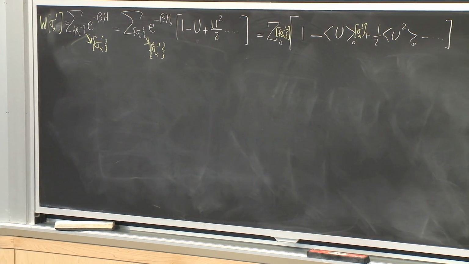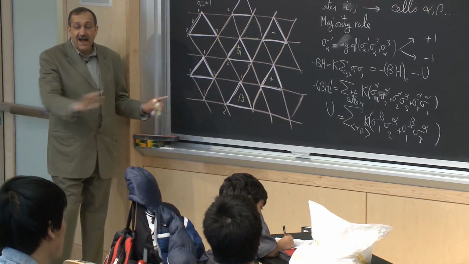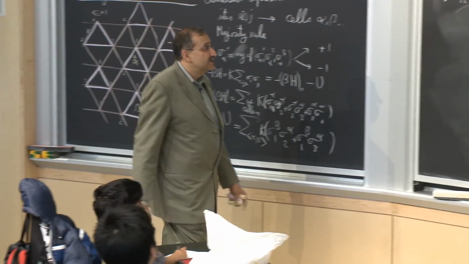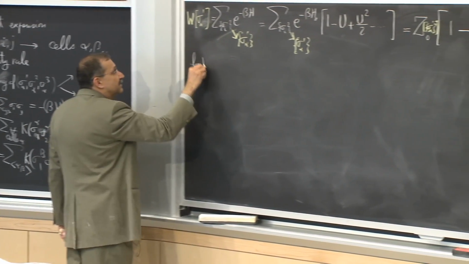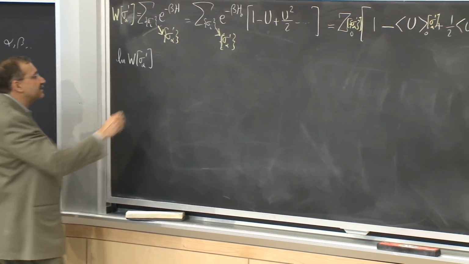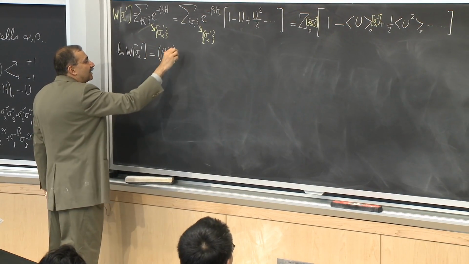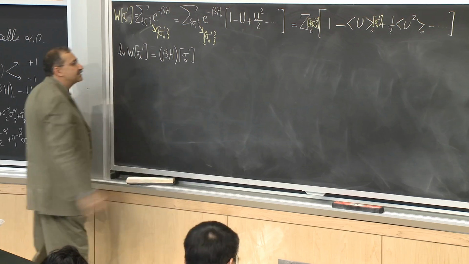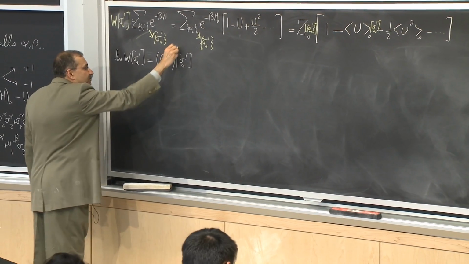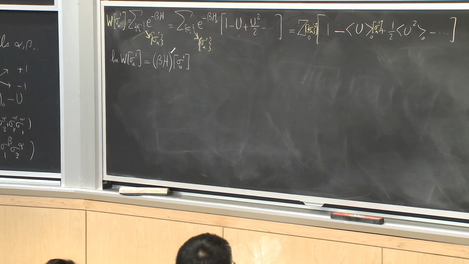So this is a weight for cell configurations once I average out over all site configurations that are compatible with that. So if I take the log of this, I can think of that as an effective Hamiltonian that operates on these variables.